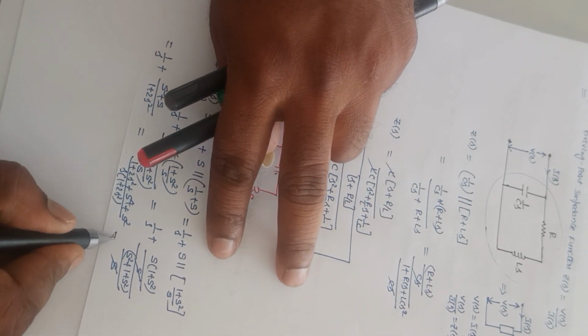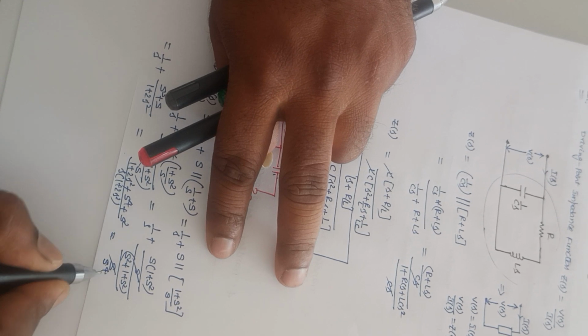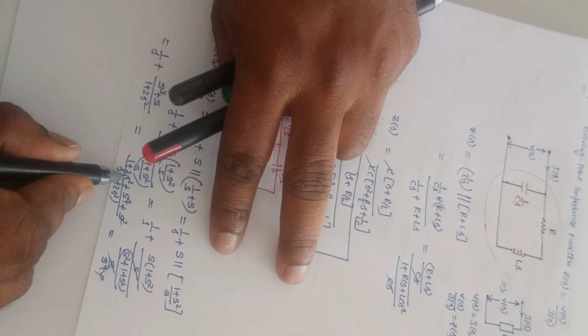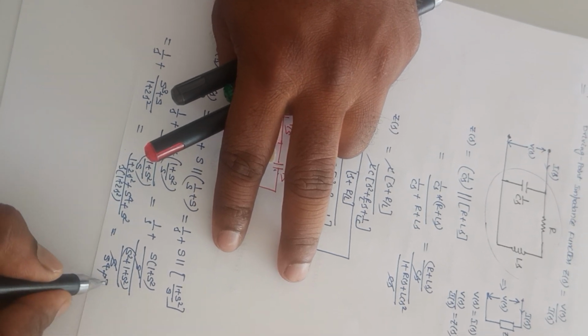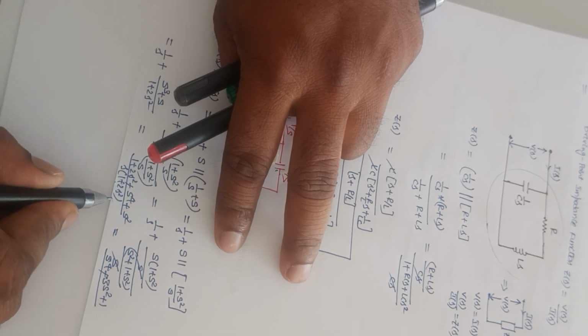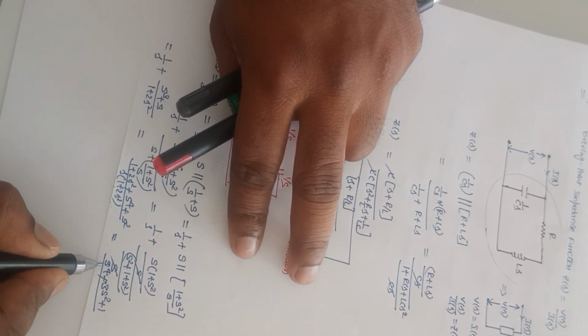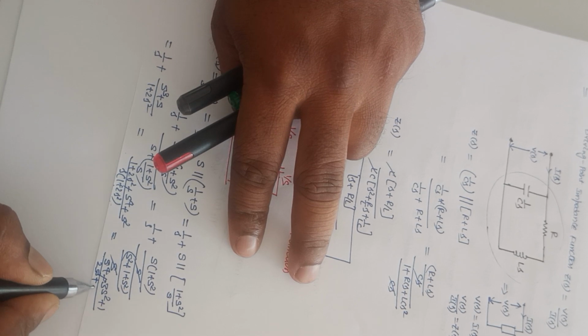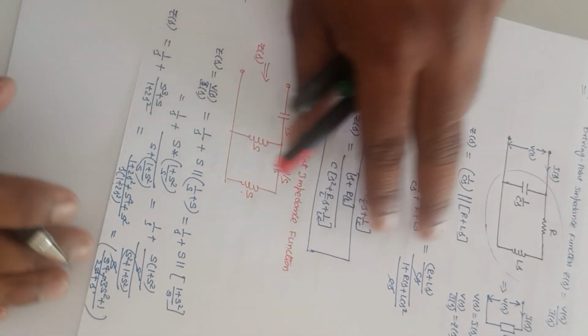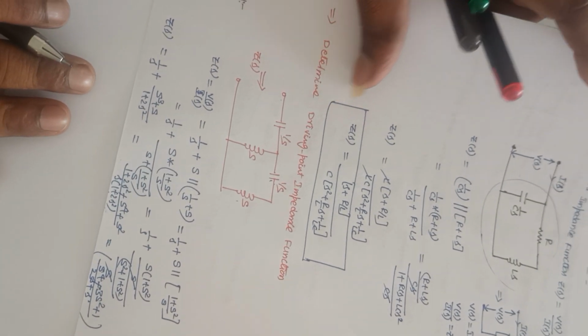So this term I can write as S power 4 plus 3S square plus 1 divided by 2S cube plus S. So this is the driving point impedance function for this problem. Next let me solve the other problem for it.